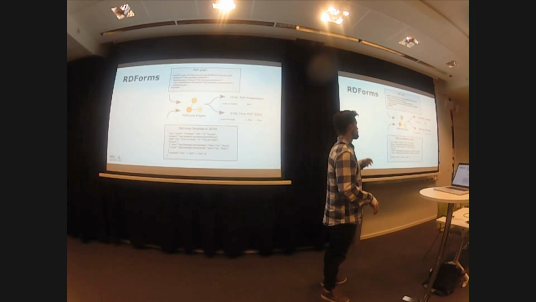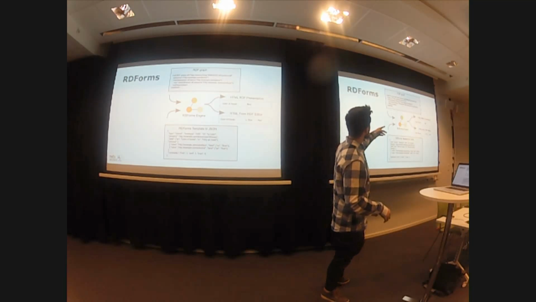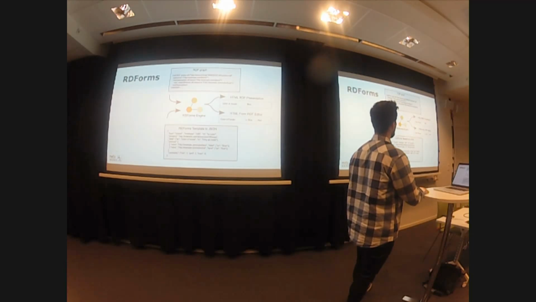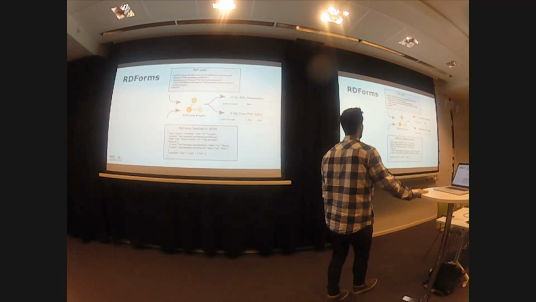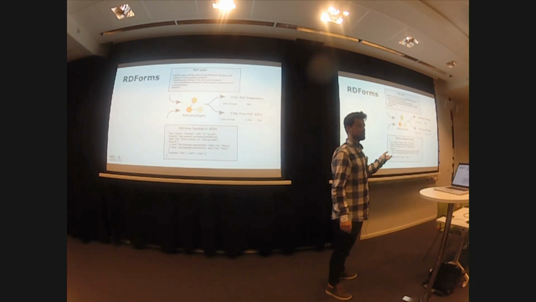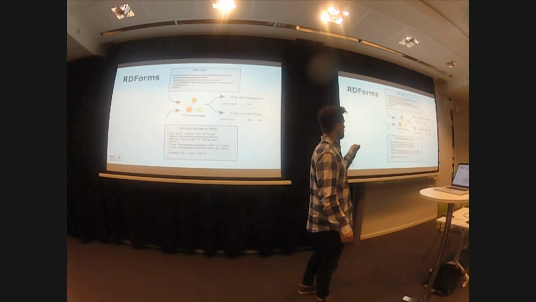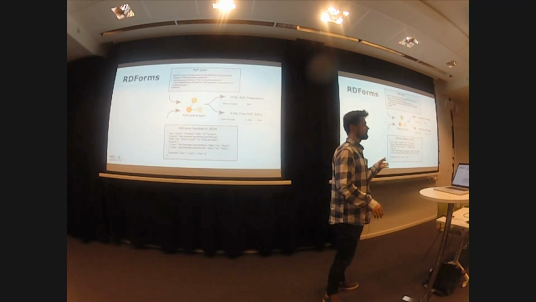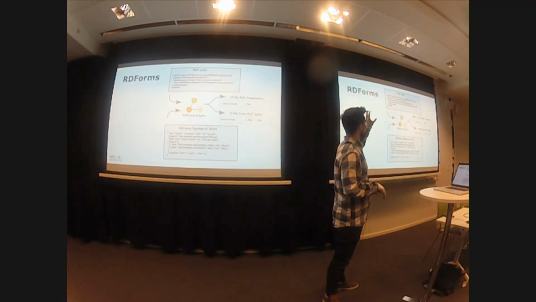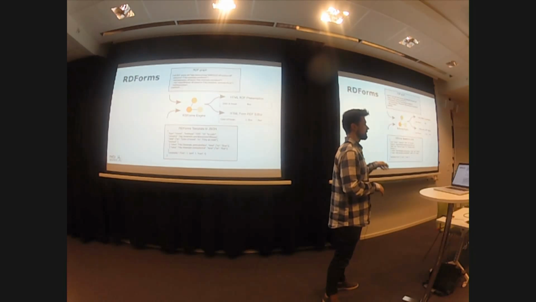So I want to use in the form a specific resource, and I give it as an input as well. Let's say that in this case it is example.com/about. Also I have an RDForms template, which is a JSON structure with which I represent an HTML form, really, and how to combine the properties or the entities in the RDF graph in an HTML way.